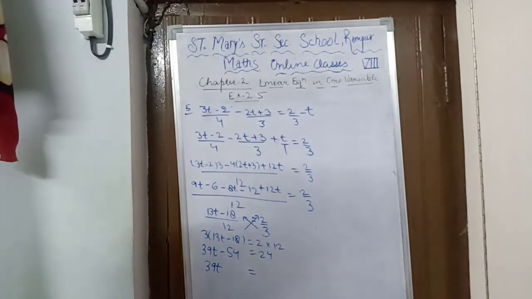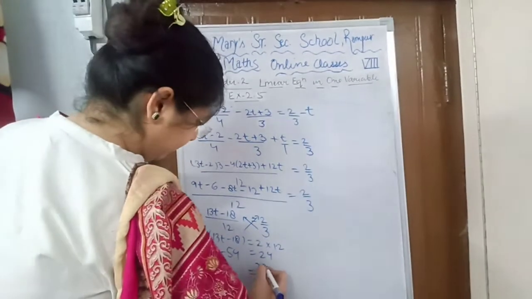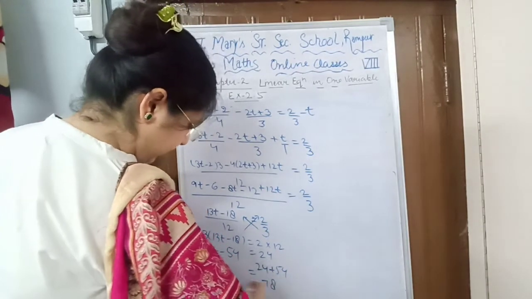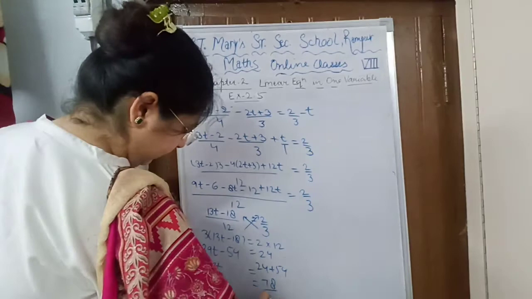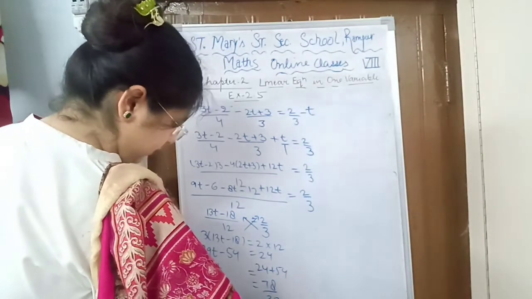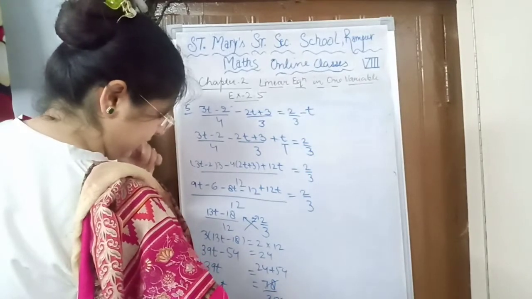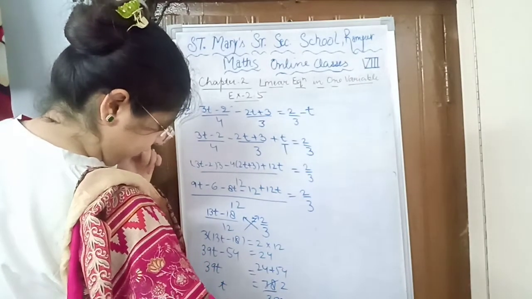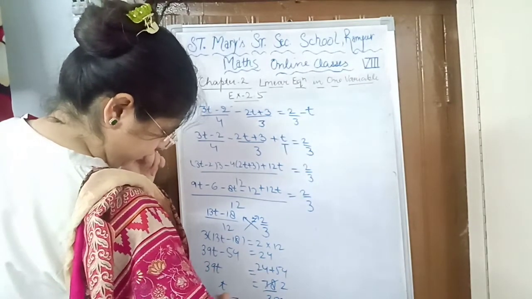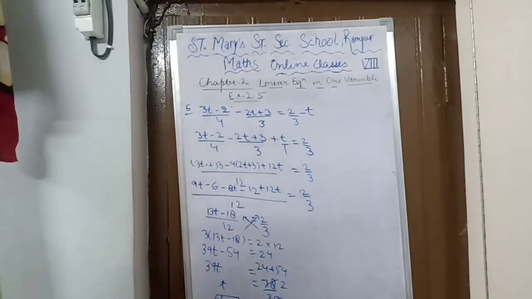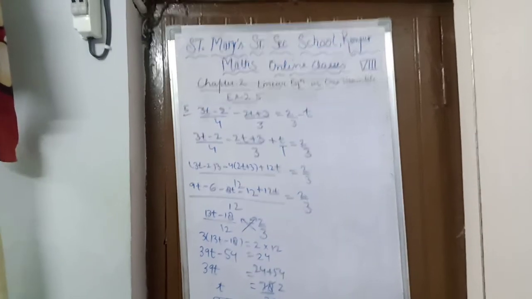So 24 plus 54 will become 78. Okay, so value of t will be 78 upon 39. So 39 ones are 39, 39 twos are 78. The value of t is equal to, answer is 2. Okay, clear? T is equal to 2 is the answer.